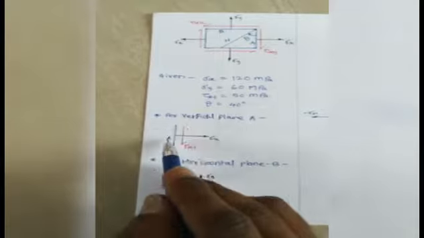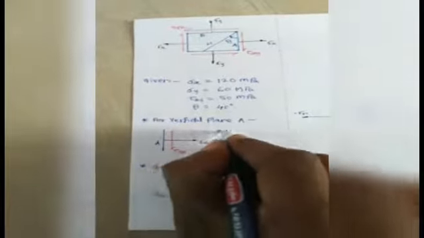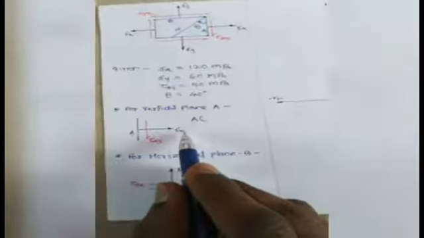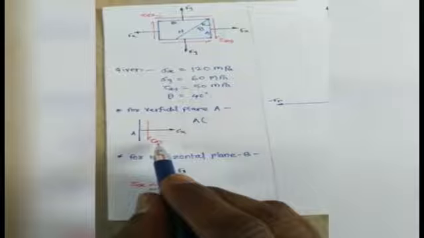So for this vertical plane A, we have to find the coordinates of point A in the Mohr circle. The two stresses are sigma x and tau xy.